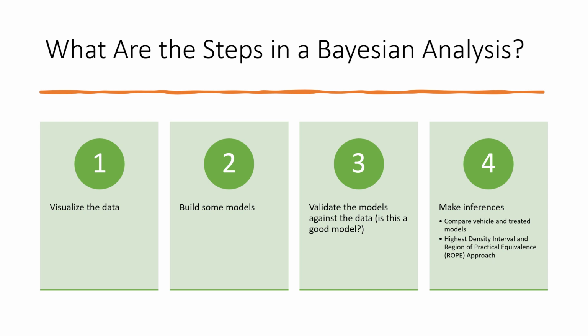So just very quickly, for those of you who really want a very high level view of how we normally do a Bayesian analysis, step one is we start with visualizing the data. It's usually the first thing we do. We might make some histograms, might make some box plots, just get a feel for what this data looks like. The next thing we're going to do is start building some models.